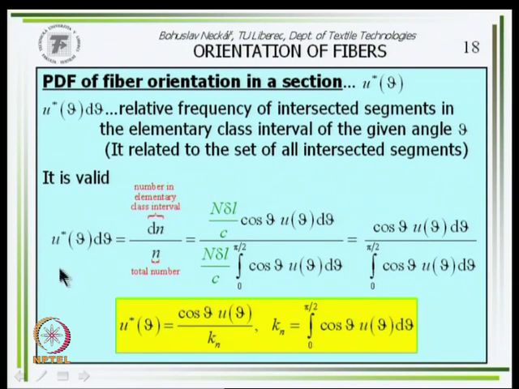In another way, we can say that relative frequency is the number of fibers in our elemental class, dN, to all sectioned fibers. Using our expressions, after small rearranging, we obtain this equation, or calling this denominator K N, we obtain this formula. Okay?